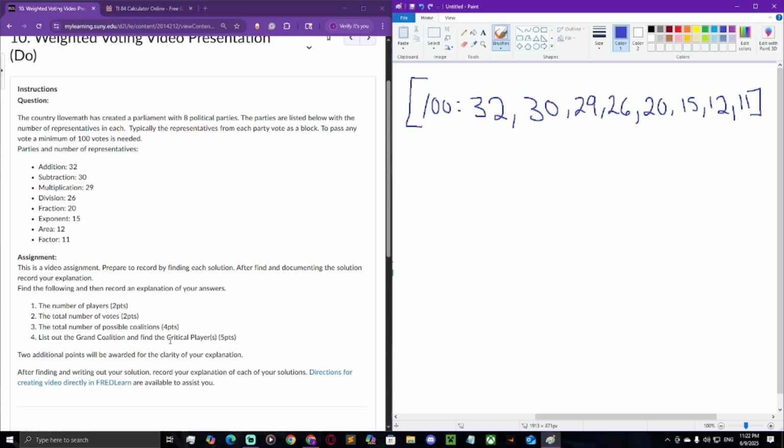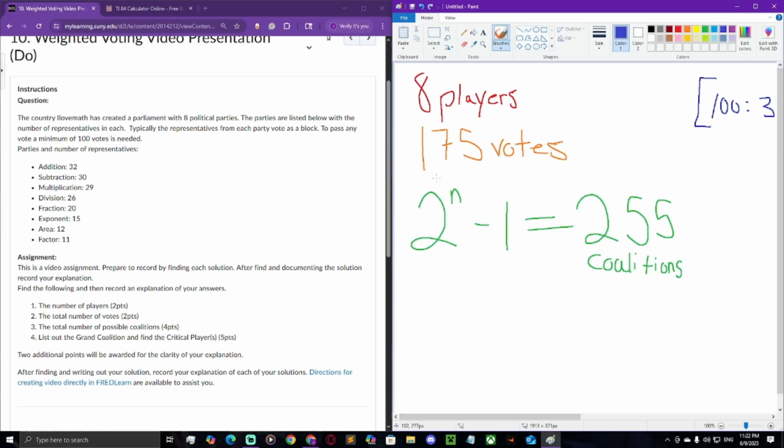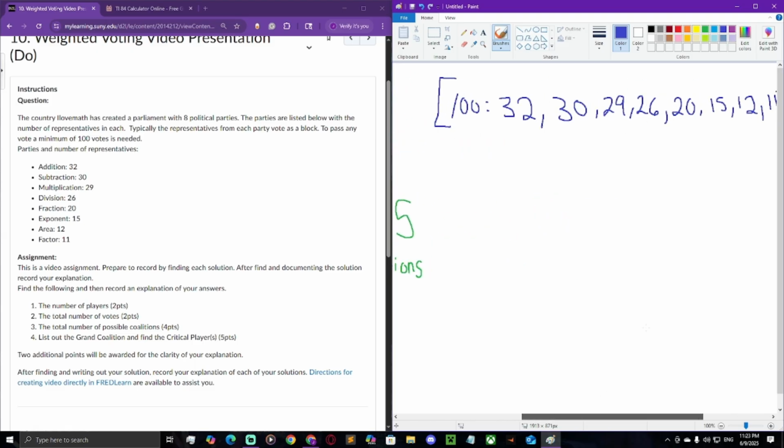Now, the second part is find the critical players. Critical players in a weighted voting system mean who is critical for the vote to pass. Now, if you remember, we have 175 total votes. We're going to write this in pink. We have 175 total votes.